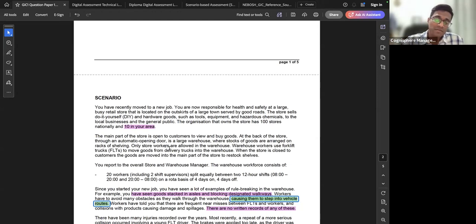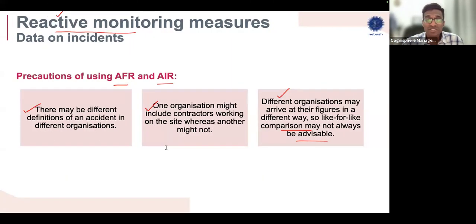But when you're comparing with another organization, there could be changes in the way they record the information or define an incident. So making a like for like comparison may not always be advisable.